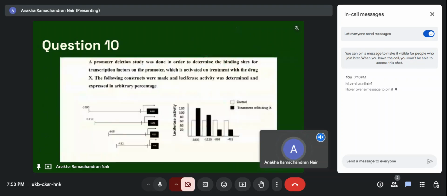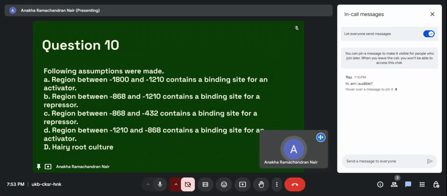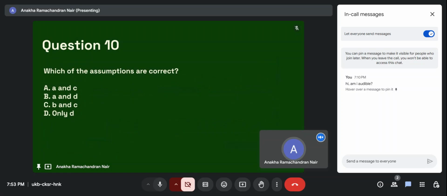So let's go back to the figure that you can see here. The correct answer, I'll tell you directly, is B, that is option A and D. Option A was stating that the region between 1800 and 1200, that is this region, contains the binding site for an activator.